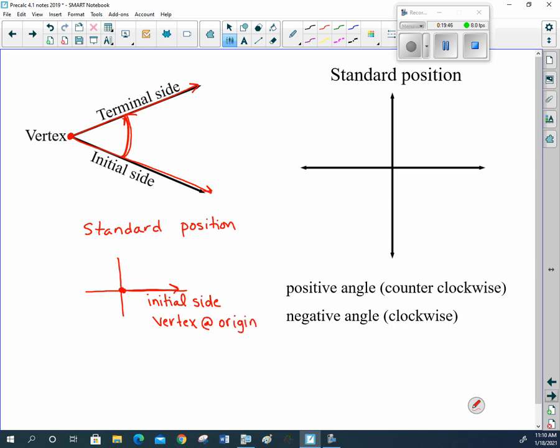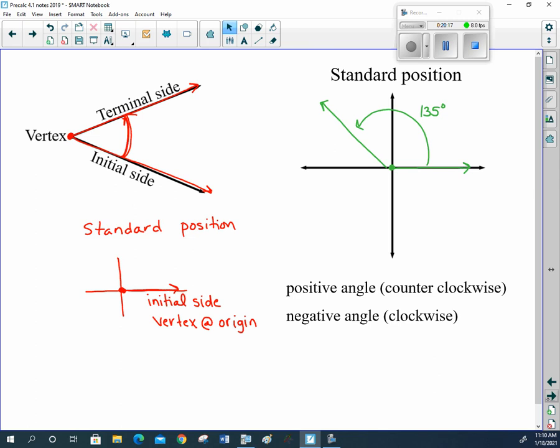Okay, so when I graph an angle, I start in standard position. So let's say I start right here. Here's my vertex. Here's my initial side. If I rotate counterclockwise, when I go to put that degree measure in, that's considered a positive angle. Counterclockwise rotations are positive.